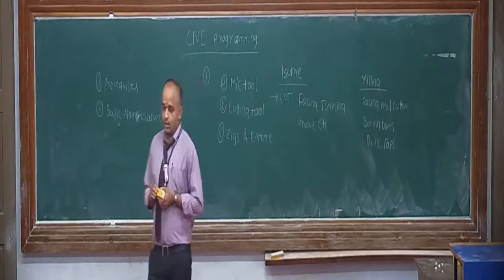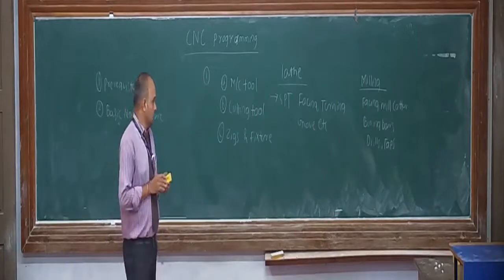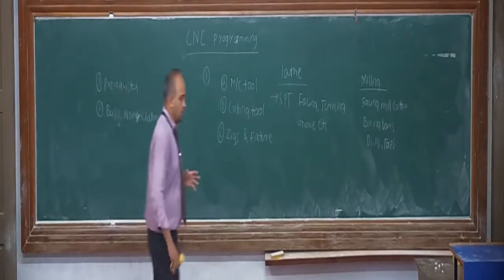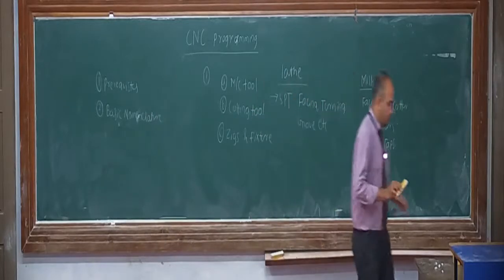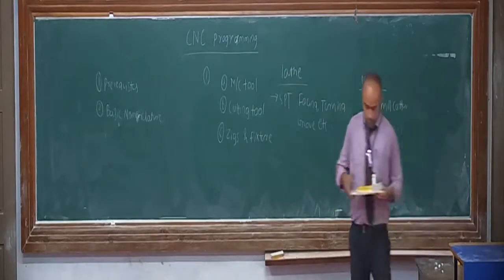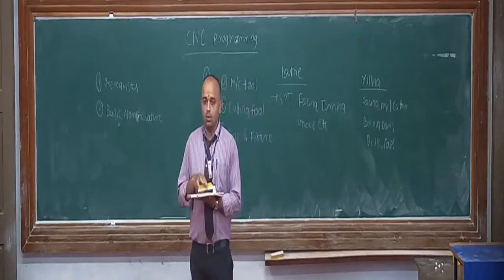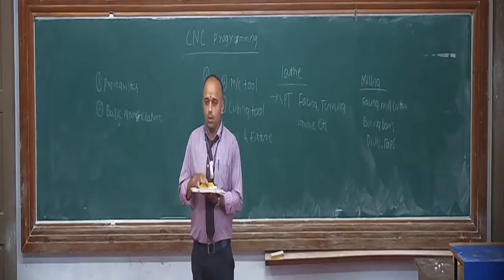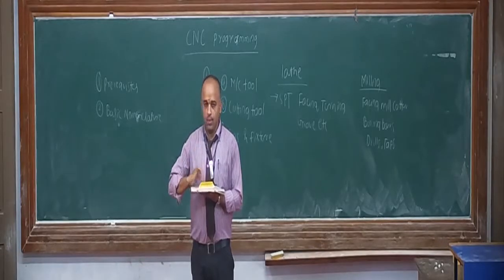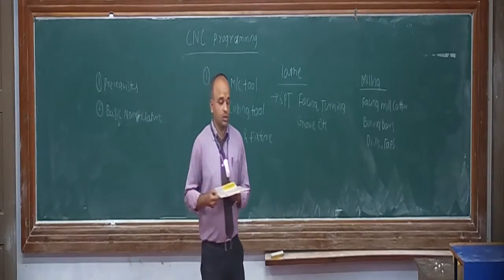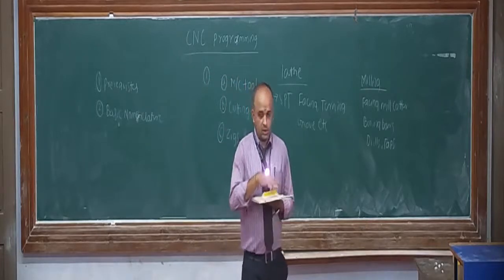First we'll understand what a fixture is, then I'll tell you what a jig is. Fixture is nothing but what holds the workpiece. Suppose this is a lathe bed and this is a workpiece and I want to do the operations. How am I going to hold the workpiece onto the lathe bed? You could put a normal clamp, but every time that provision is not there. Sometimes all the pieces have to be done.